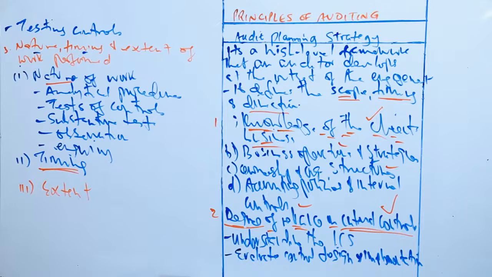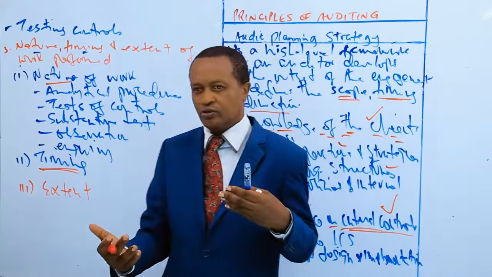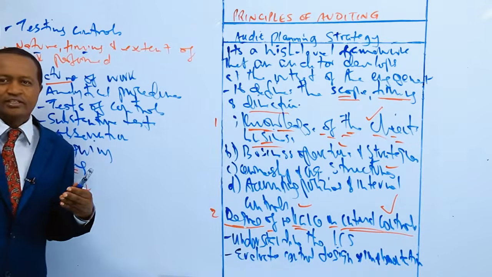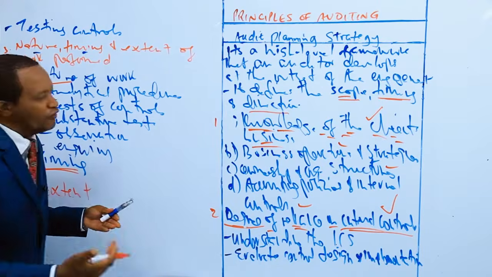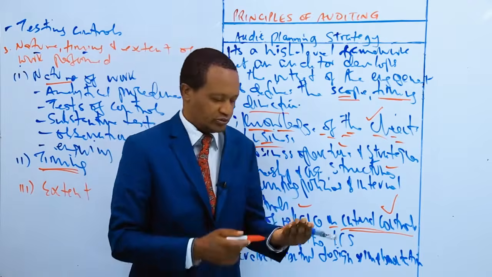It ensures that the auditor focuses on the key areas or the areas of highest risk, and ultimately provides a reasonable basis for forming an audit opinion.